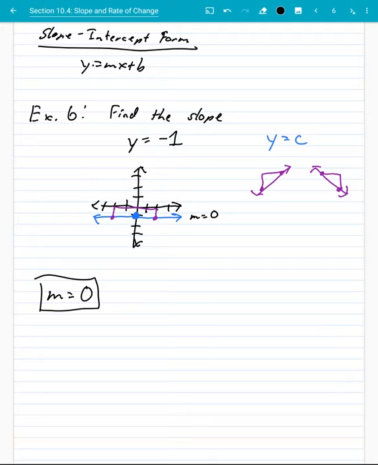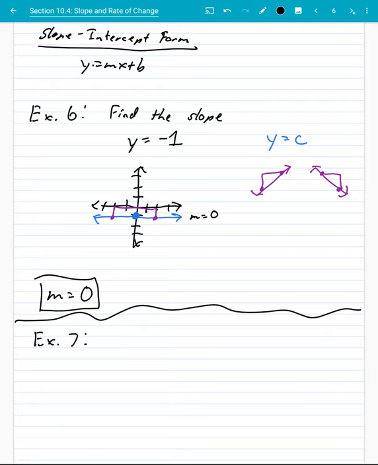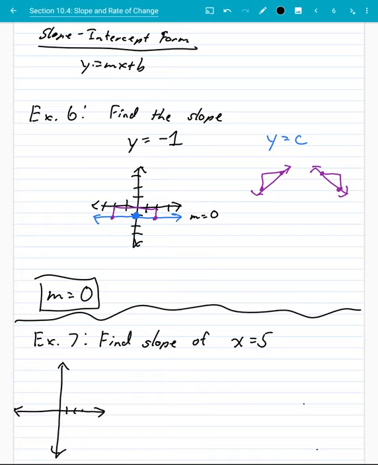So let's look at the opposite. What about a vertical line? Example 7 wants us to find the slope of x equals 5. So if we draw x equals 5 on a graph, 1, 2, 3, 4, 5.